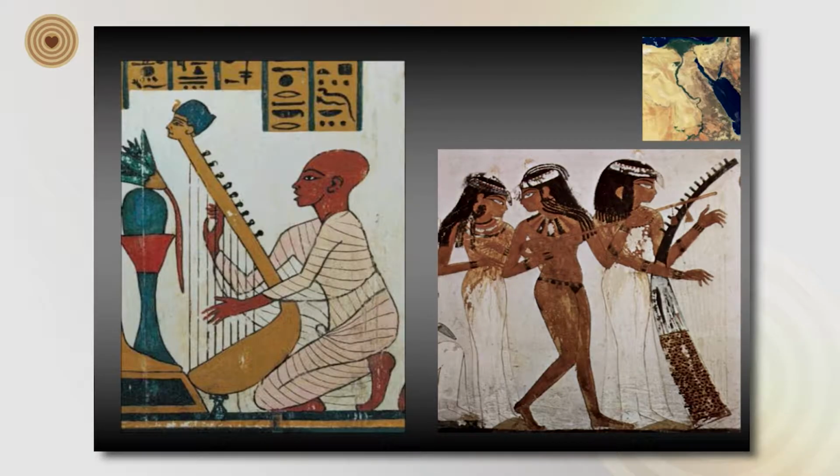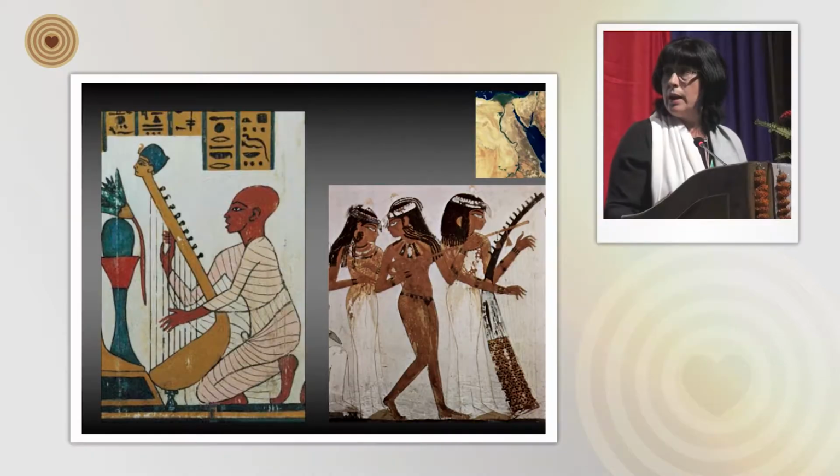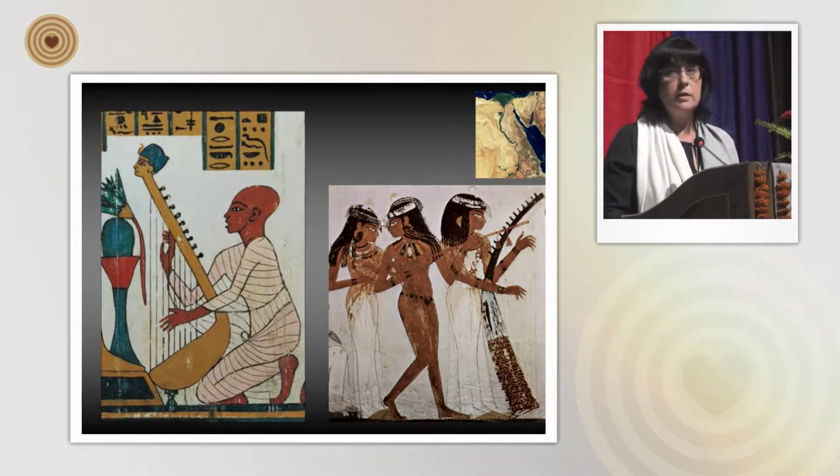Music plays a very important part in ancient Egypt, as always in this kind of big civilization. And we have not only the instruments we found in excavations, but a lot of iconographical and epigraphical information coming from temples and tombs.